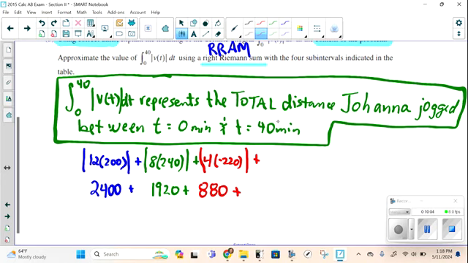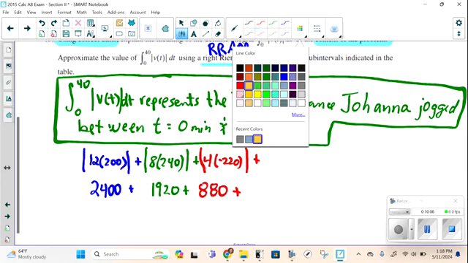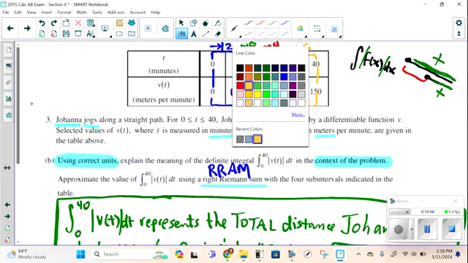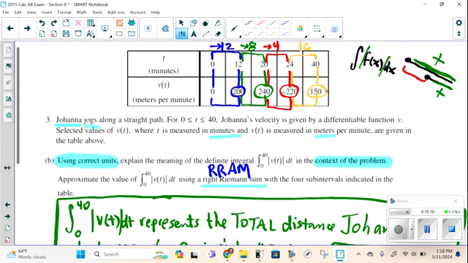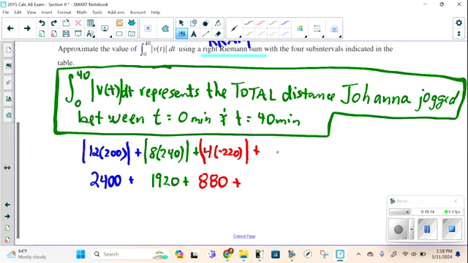Plus, last but not least, sherbert time. We have 150 times 16. Oh, you guys. 16 times 150. Absolute value. We do 150 times 16. 6 is 900. My 150, that's 2400.